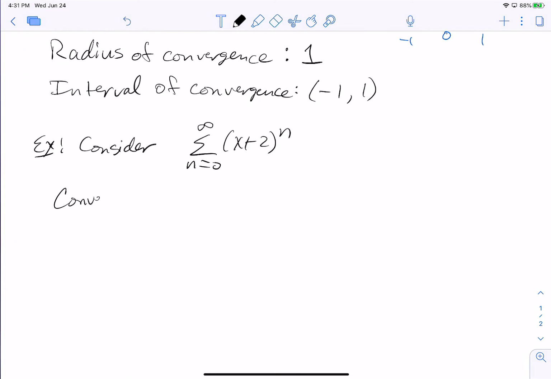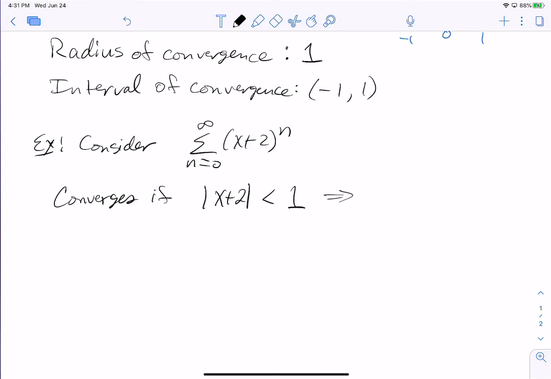This will converge if the absolute value of the base, x plus 2, is less than 1. That leads us to an absolute value inequality: -1 is less than x plus 2, which is less than 1. Subtracting 2 from all 3 parts of this inequality will give us that x is between -3 and -1.